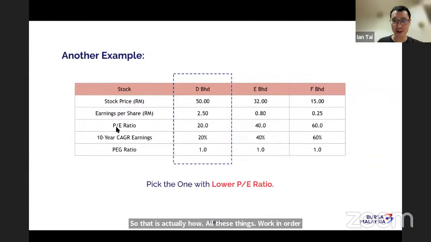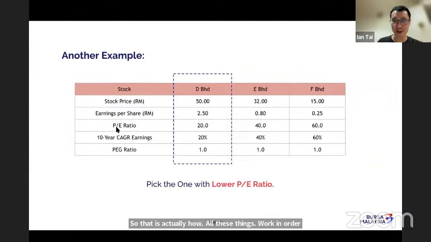Okay, so let me just put it simply. To use CAGR effectively, the first step is to make sure that the earnings must grow consistently year after year. Then we calculate the CAGR. For CAGR, you need 3 ingredients: start figure, end figure, period.